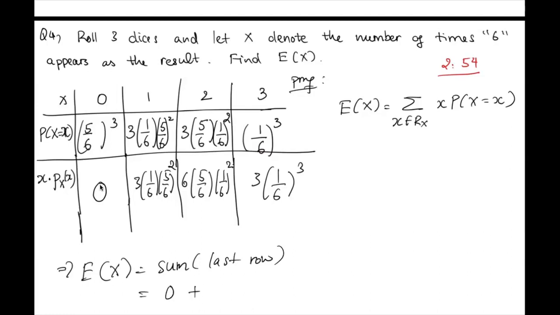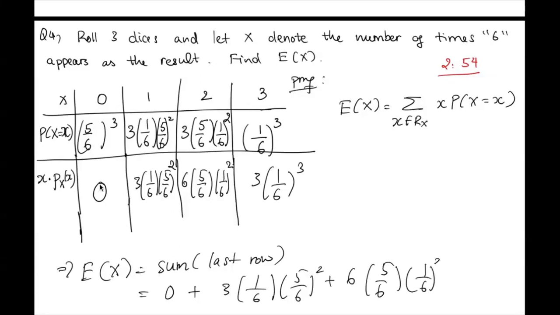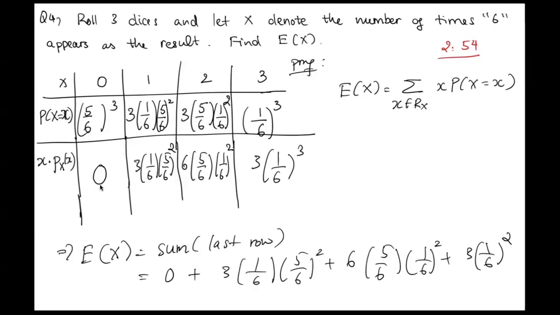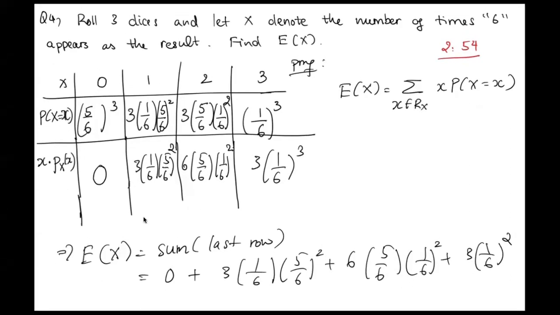So you take 0 plus the second value, plus the third value, plus the last value. And if you put it in the calculator, the final answer will be what we are looking for.